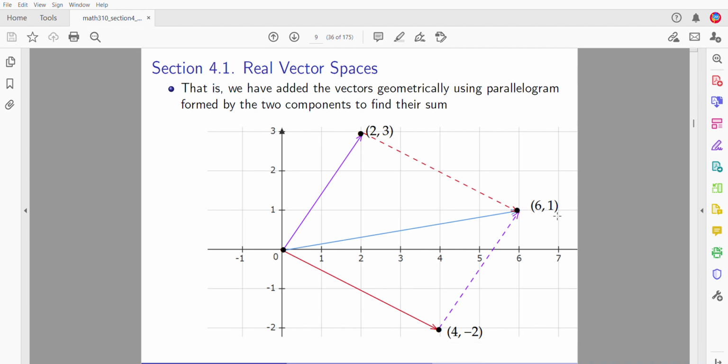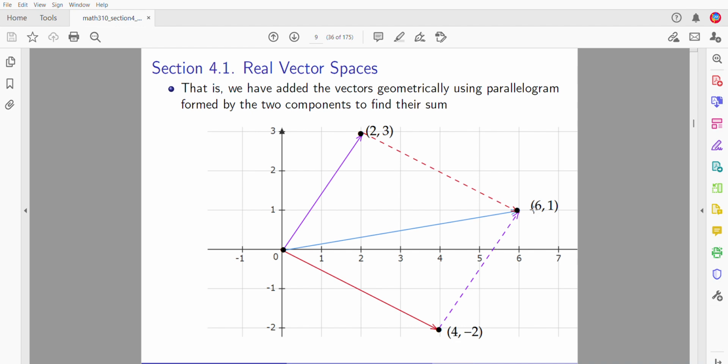Geometrically, what this means is you're going along this path to 4, negative 2, and then going up along this path. As a vector, this vector is equal to the vector 2, 3. So in essence, you have added the vector 2, 3, and that's why you have landed here.